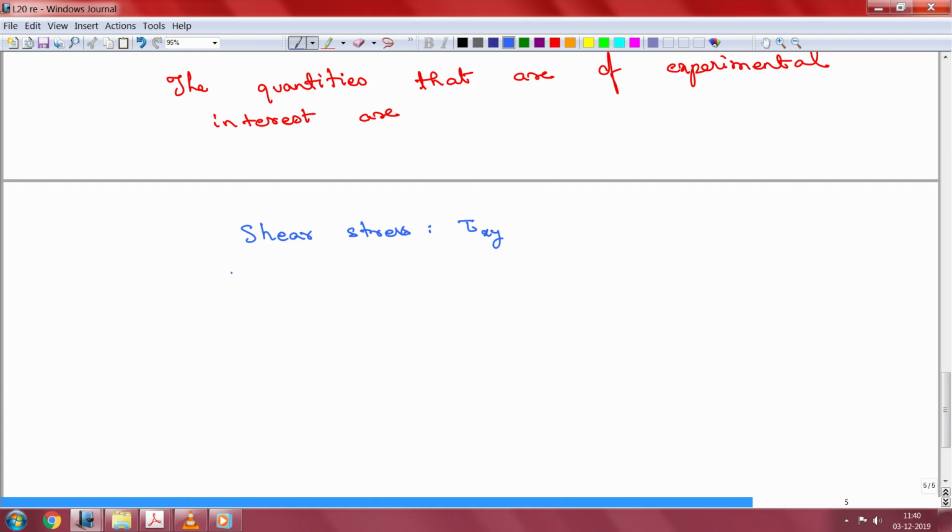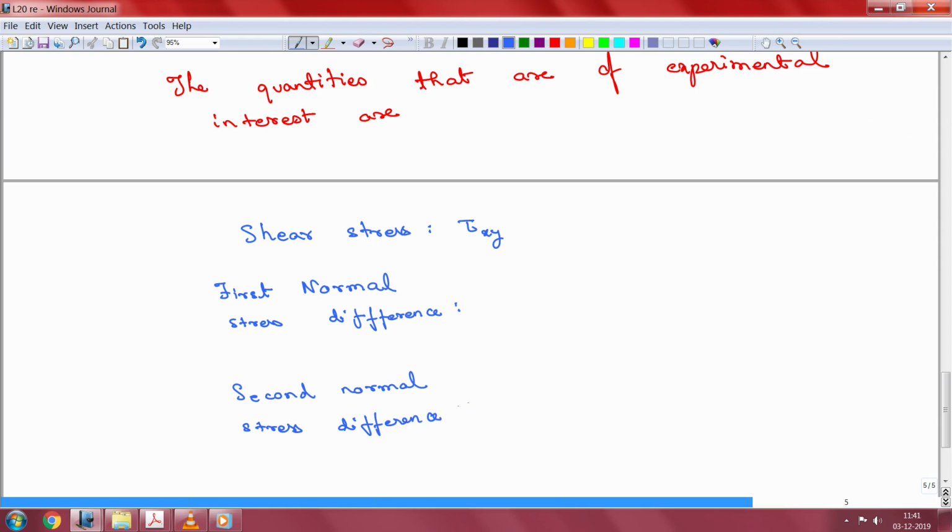And then you have two other important terms which are called the first normal stress difference. And similarly, you have another term which is going to be called the second normal stress difference. I will define mathematically these terms in a second here.